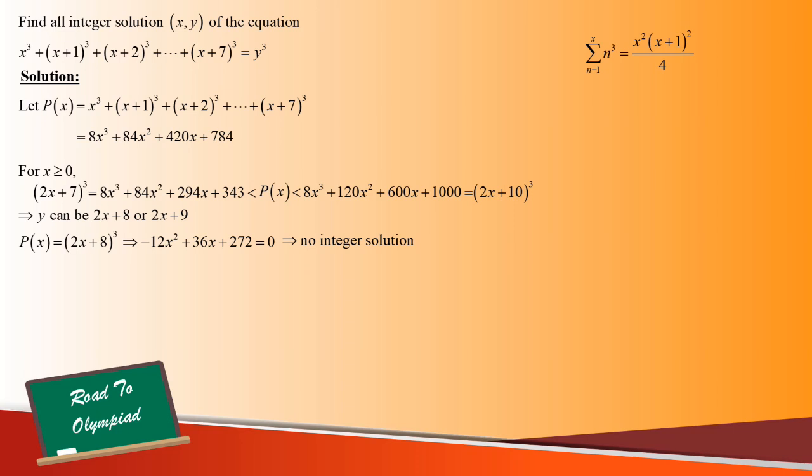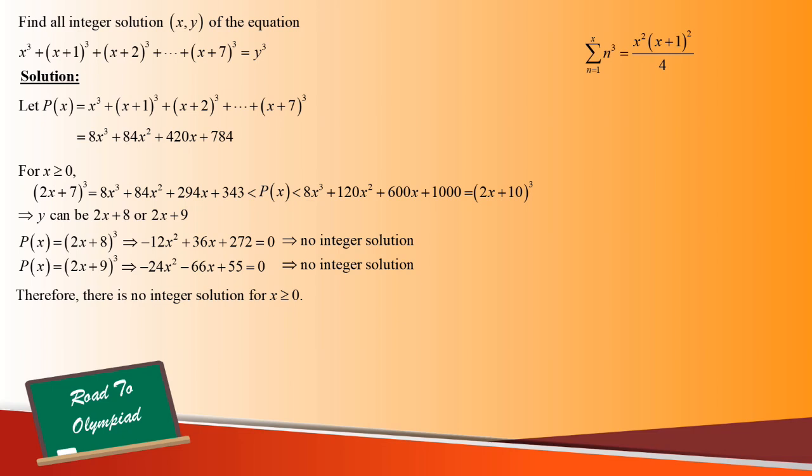Similarly, if y is equal to 2x+9, we have P(x) equal to (2x+9) cubed, which gives us negative 24x squared minus 66x plus 55 equals 0. Again, this has no integer solutions. Therefore, there are no integer solutions for x greater than or equal to 0.